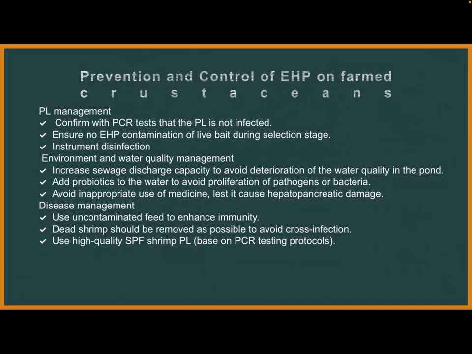Environment and water quality management involves increased sewage discharge capacity to avoid deterioration of the water quality in the pond. Add probiotics to the water to avoid proliferation of pathogens or bacteria. Lastly, avoid inappropriate use of medicine lest it cause hepatopancreatic damage.